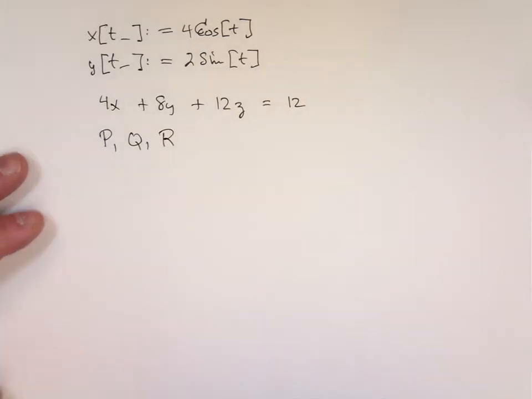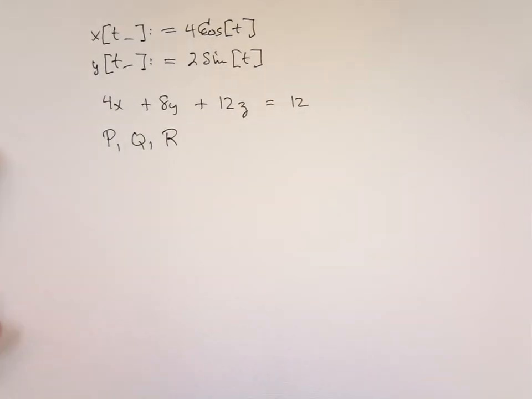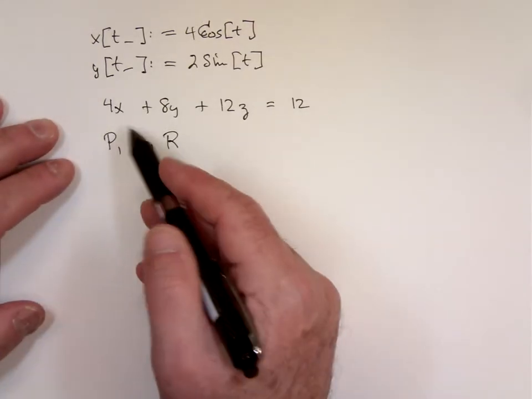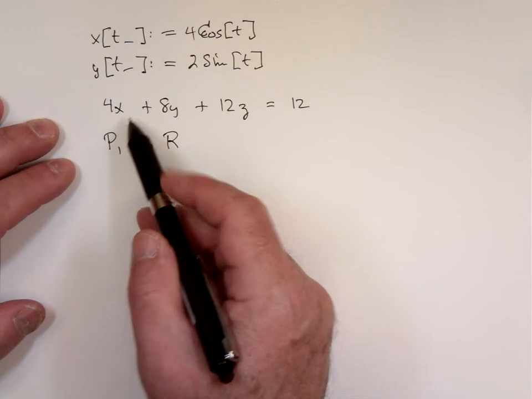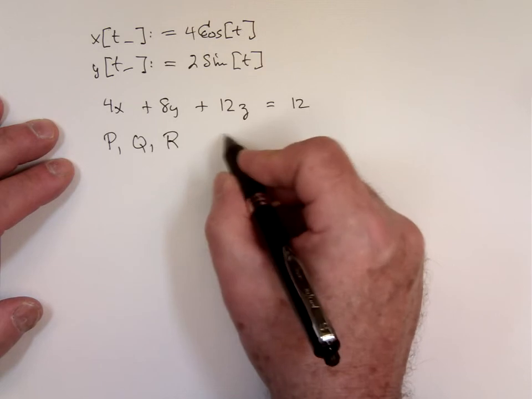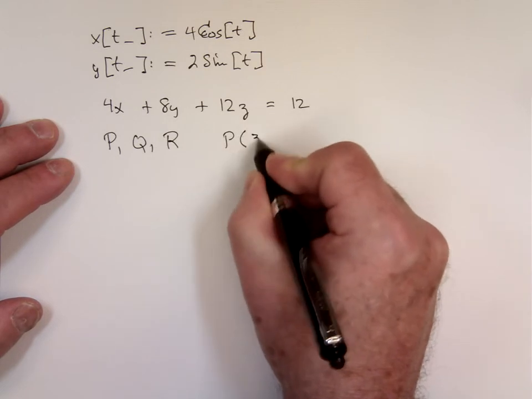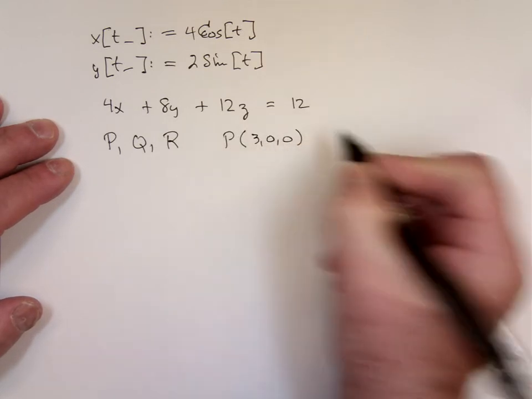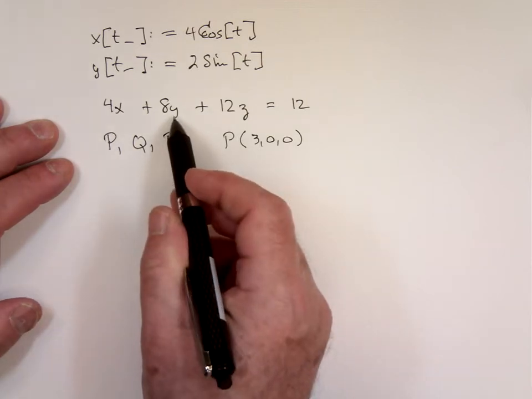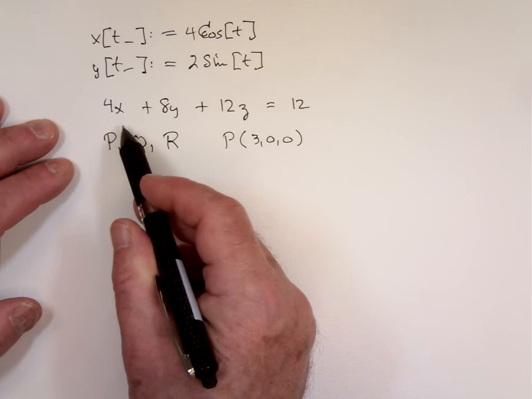Remember we did this? Okay, we want to find 3 points, P, Q, and R. And probably the easiest to do here is to find the intercepts. In other words, let y be 0 and z be 0, so x is 3. So let's say point P is (3, 0, 0). And then we let y be 0 and x be 0 and find z to be 1.